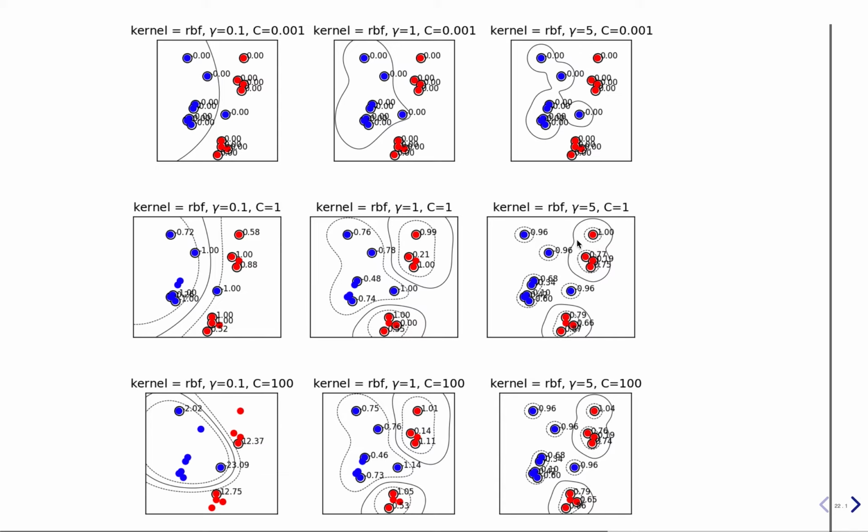You can fix that by reducing gamma. Vice versa, if you have a model that overfits, you can also reduce that by decreasing the C value. So both are regularizers. I would say that gamma is a stronger regularizer than C. But both are regularizers and both interact with each other.